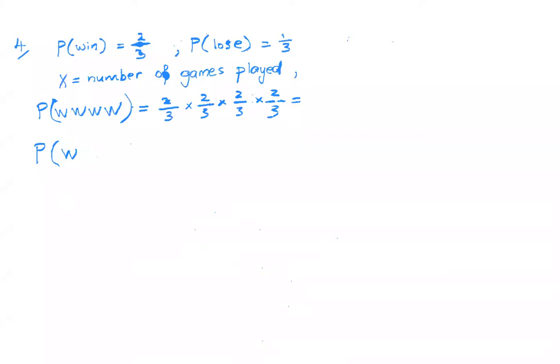So you go, you see, or, okay, we slowly, that means 5 out of 1, okay, win, win, lose, win, win.